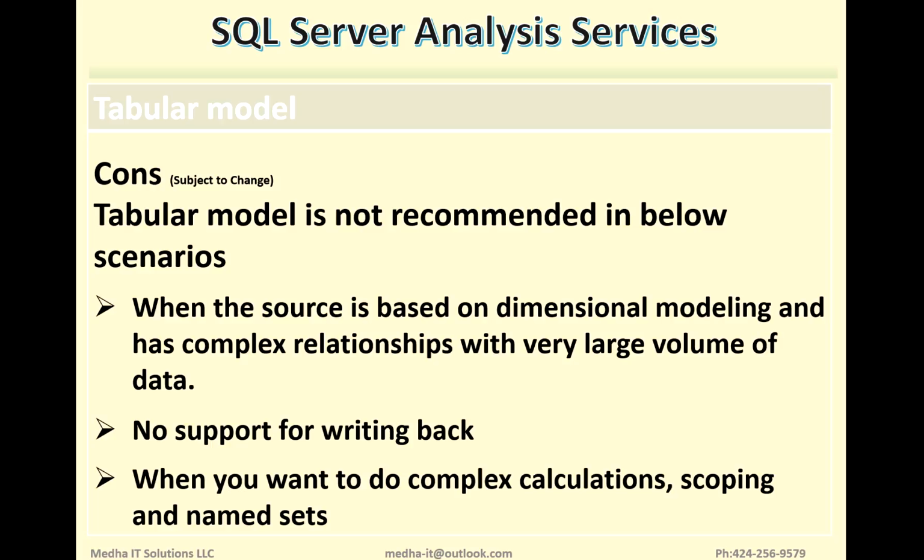I need to make multiple joins to the tables. I need to join the fact table, I need to join dim date, I need to join dim product to get all this information. So, if you have such a complex dimensional model, it is not recommended to use the tabular model, because we need to make multiple joins.